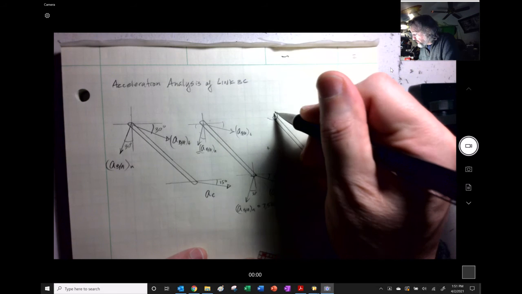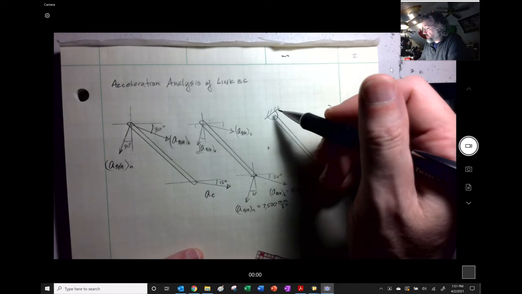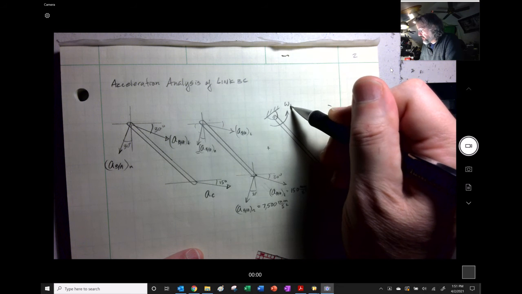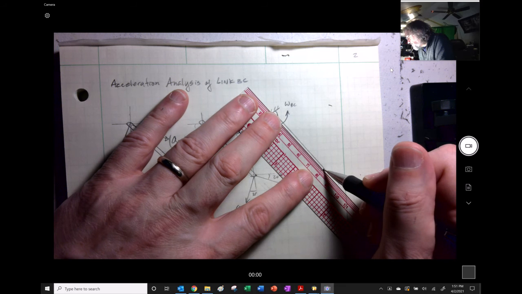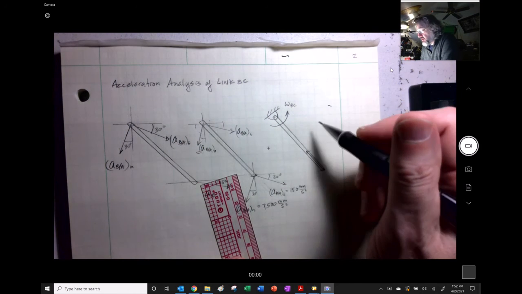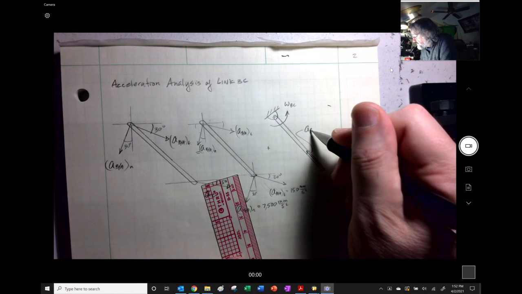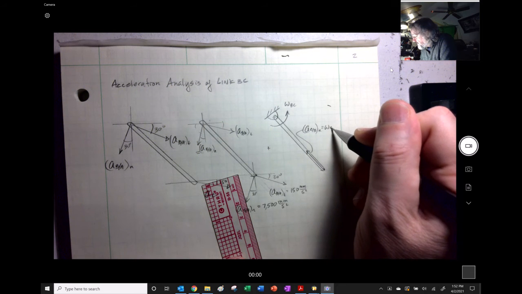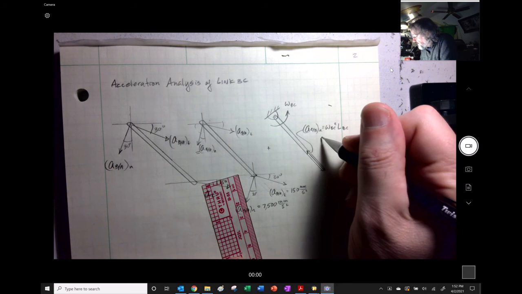Now we're going to pin it right here at that spot, and we know that it's going counterclockwise. Here is omega BC. That's going to create a normal acceleration that we can find, right? And so I wrote that out. Acceleration of C with respect to B, which is omega BC squared times LBC.